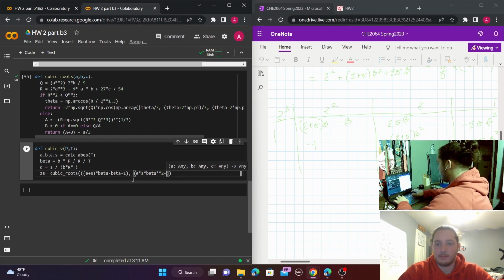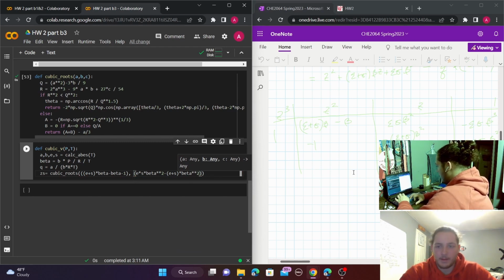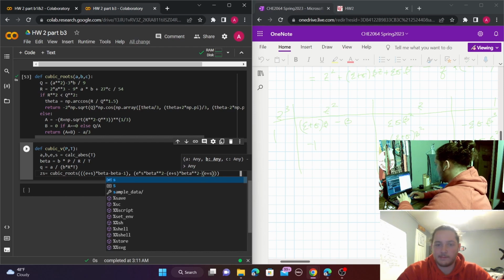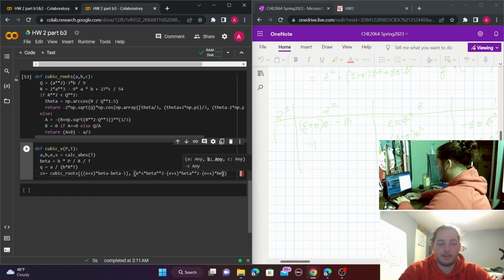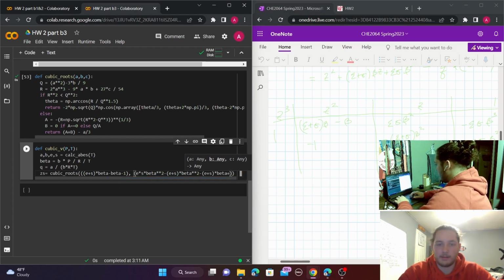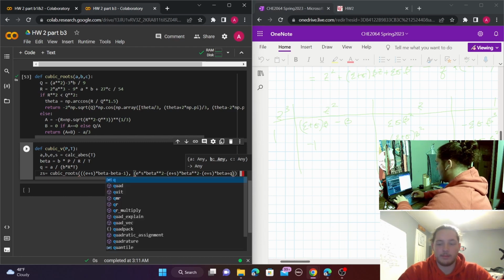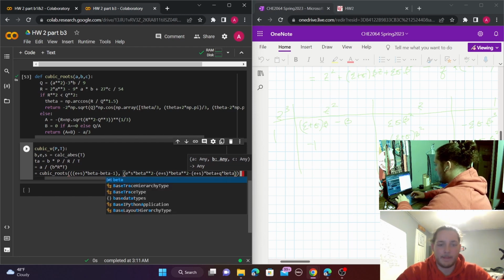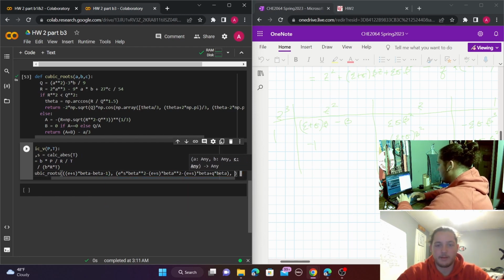And then that is going to be minus epsilon plus sigma times beta squared, and then minus epsilon plus sigma times beta, and then we are going to add q times beta. So that is our second.